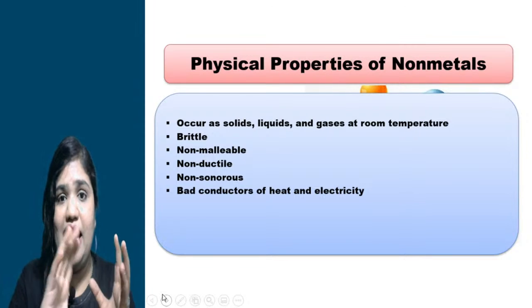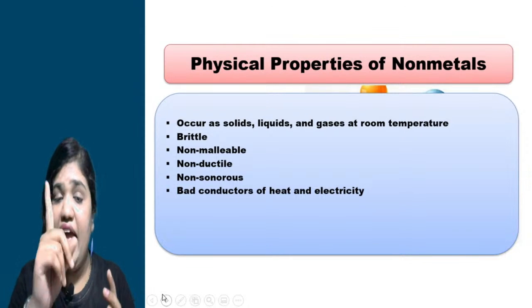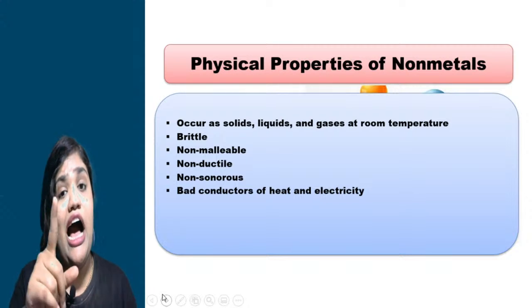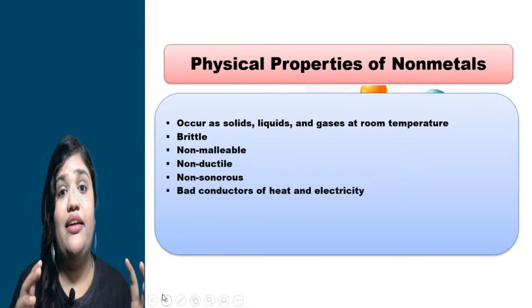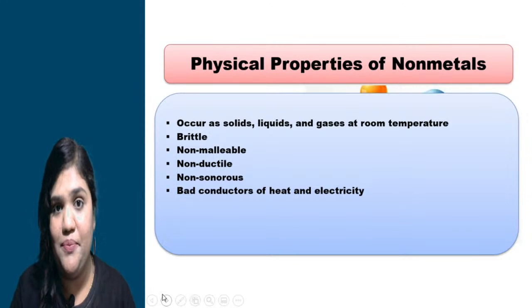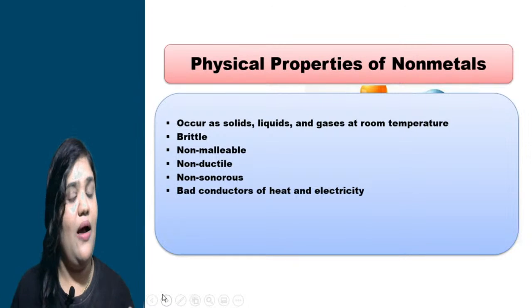They don't appear as shiny substances. So here is one exceptional case in non-metals, iodine. Iodine, though it is a non-metal, has a shiny appearance.